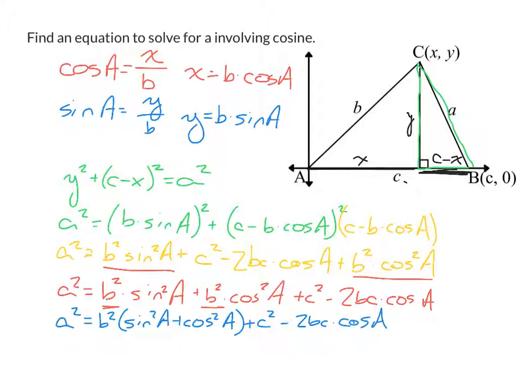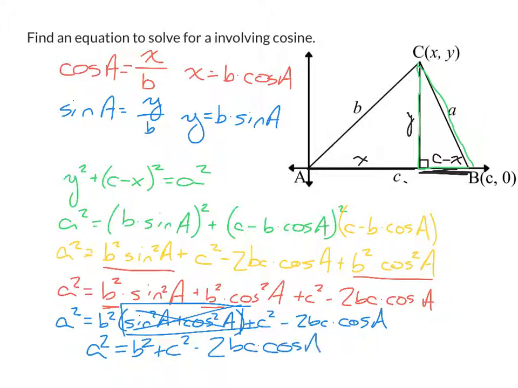This right here we know is equal to 1. So 1 times b squared will cancel and just becomes b squared. So we end up with a squared equals b squared plus c squared minus 2bc times cosine of A. And what we have here, if you look at that first section, it looks very similar to the Pythagorean theorem.